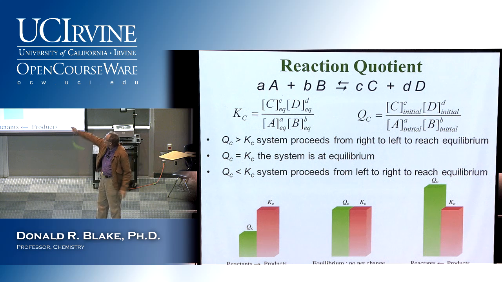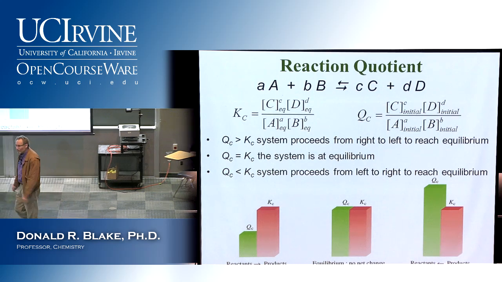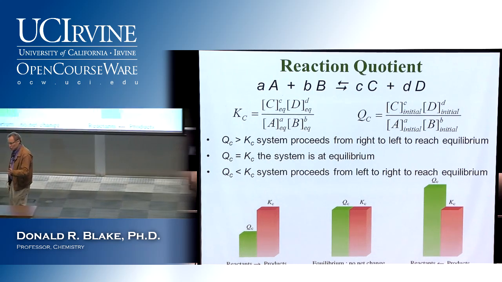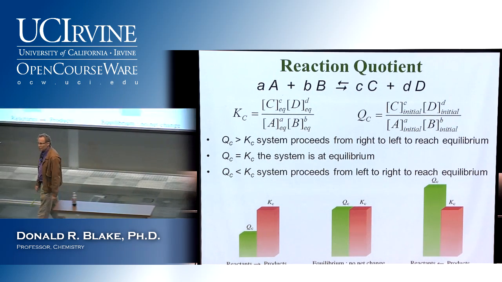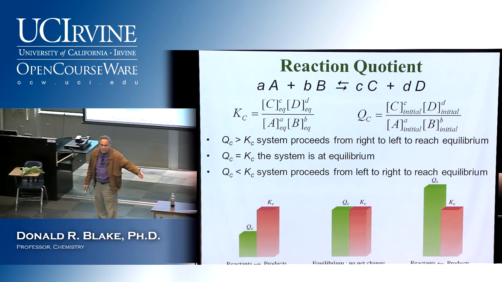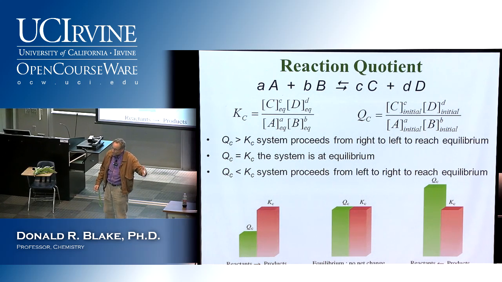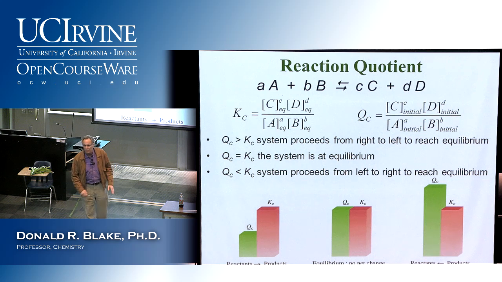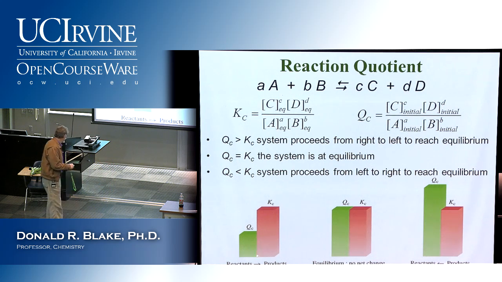Initial concentrations go into this. Q sub C, initial, initial, initial, initial. And this just tells you which way the reaction is going to go and helps you determine whether something's going to be 1 minus x or 1 plus x or 1 minus 2x or 1 plus 2x, that type of thing. So that's what Q sub C does.